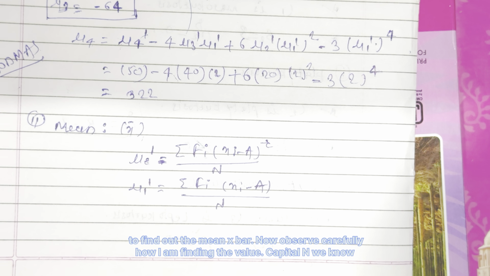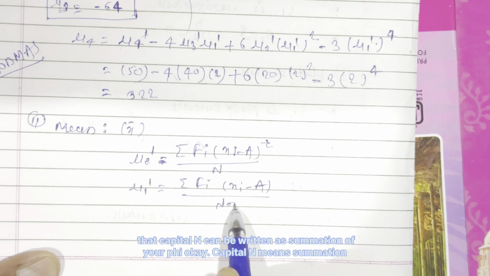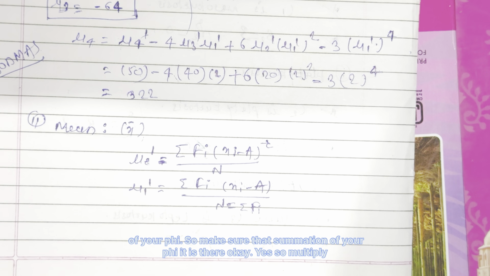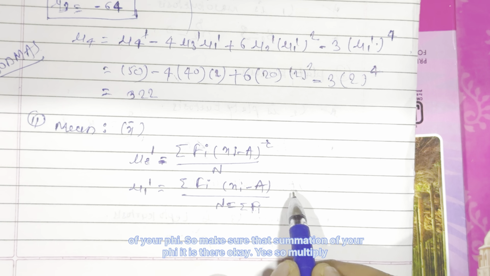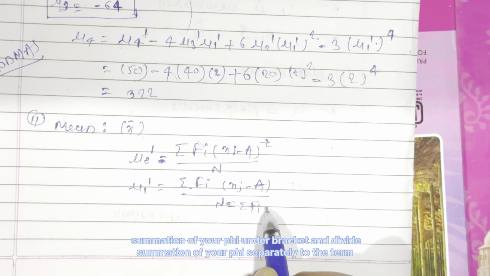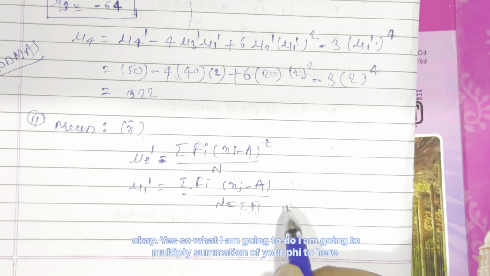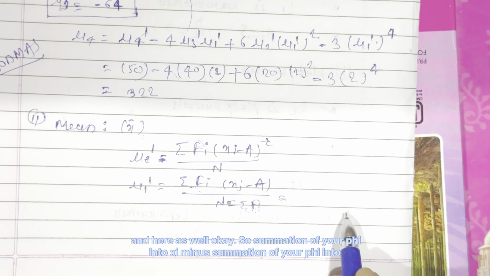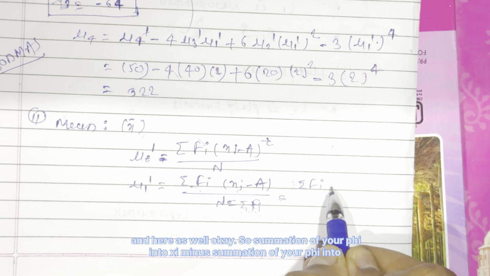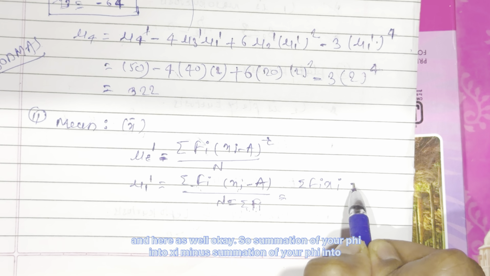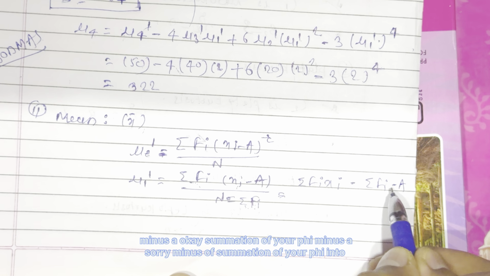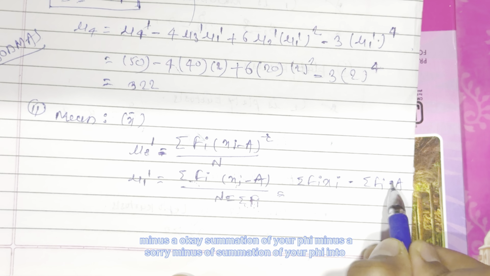Now observe carefully how I am finding the value. We know that capital N can be written as the summation of fi. Multiply the summation of fi under the bracket and divide the summation of fi separately to the terms. So I multiply summation of fi here and here as well: summation of fi xi minus summation of fi times a.